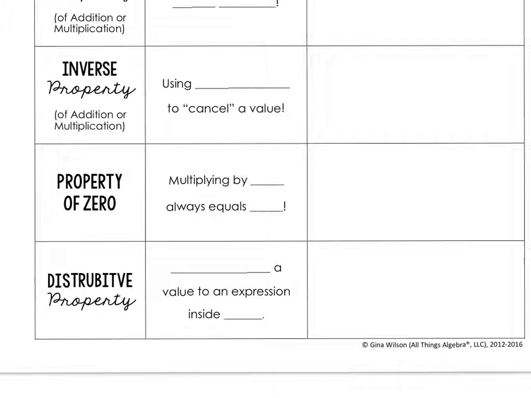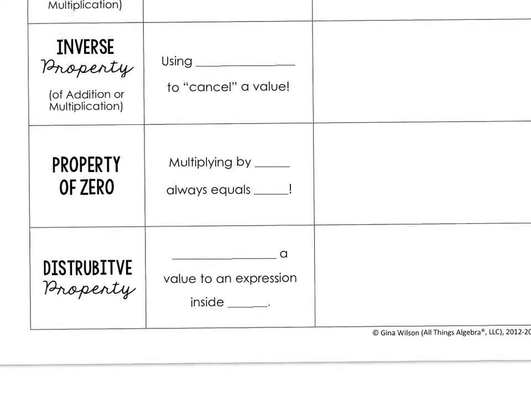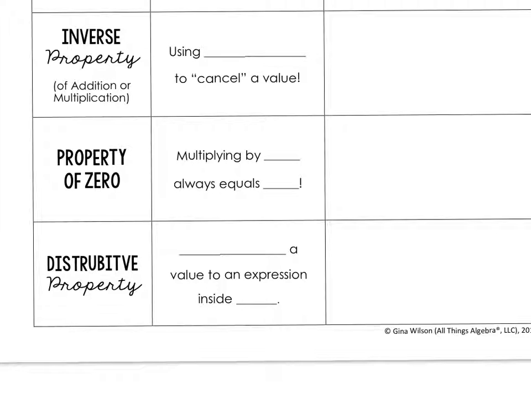Next, let's look at the inverse property. The inverse property is really important. I want you to remember this word, inverse, because we're going to use it a lot. It means opposite. To use the inverse property is to use the opposite to cancel a value.